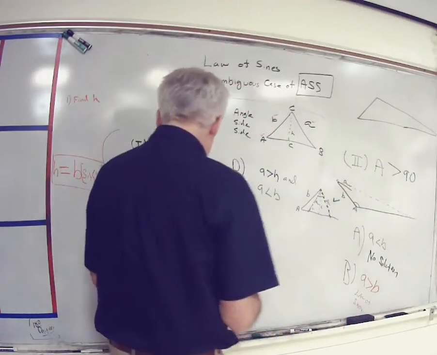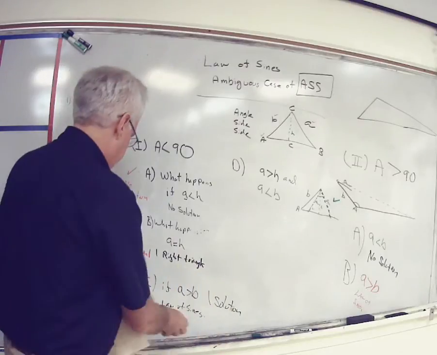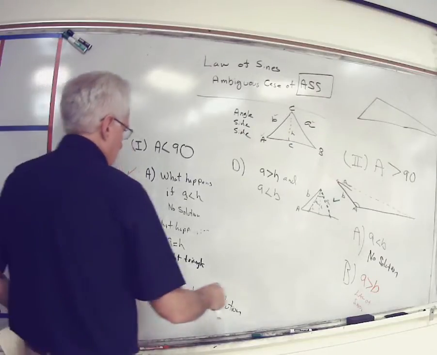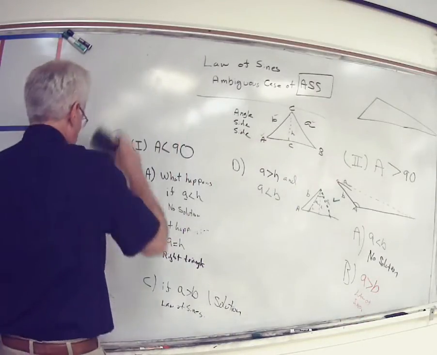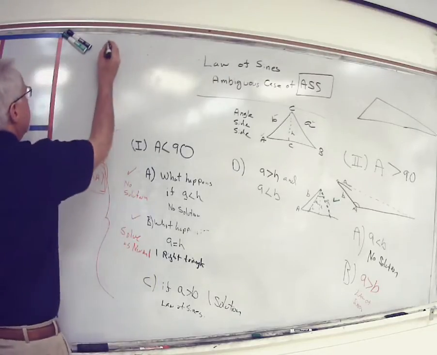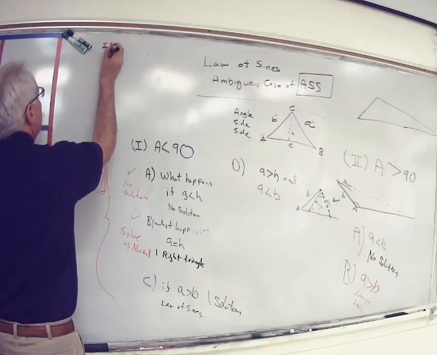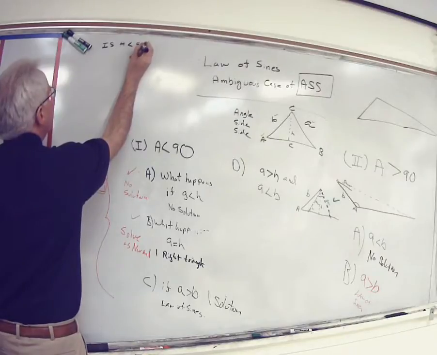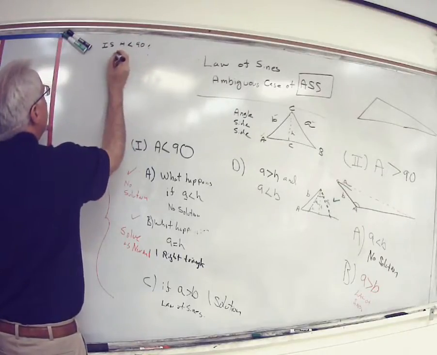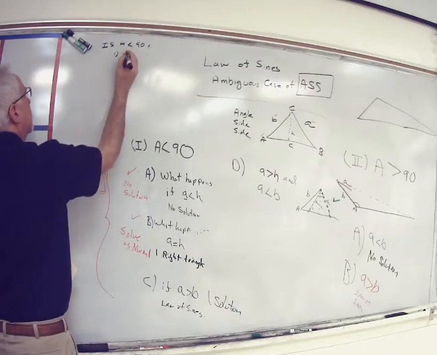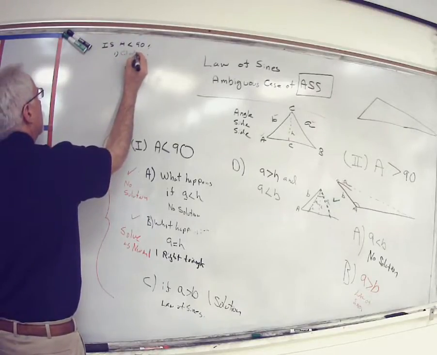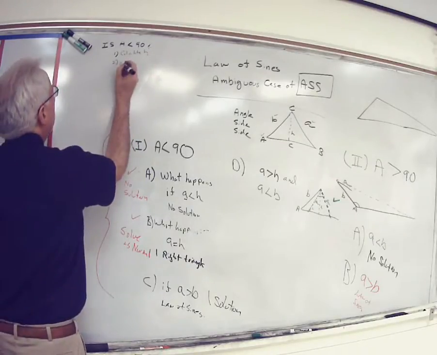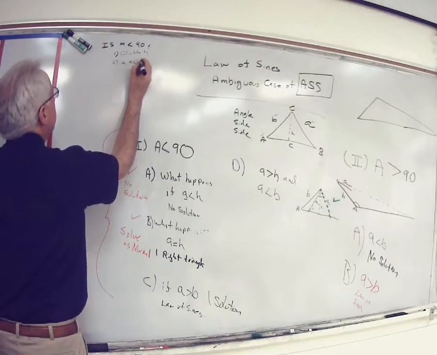Okay, so let's come up with a roadmap on every problem. The first thing we ask ourselves is, is A greater or less than 90? If less than 90, then I calculate H. Then two, figure out, is A less than H?